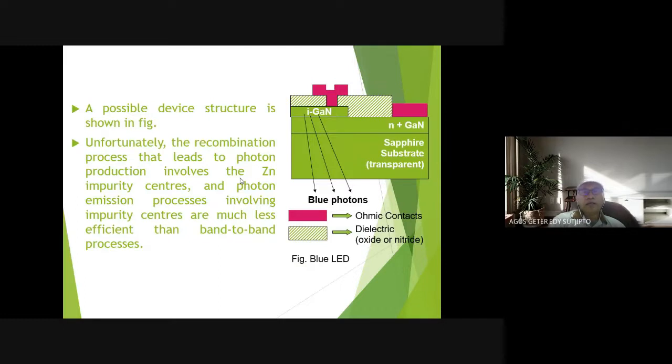This is another construction of the LED, the blue LED using gallium nitride. Of course, this is using heavily doped donor impurity atoms in the gallium nitride.